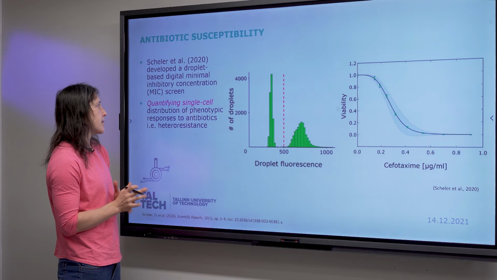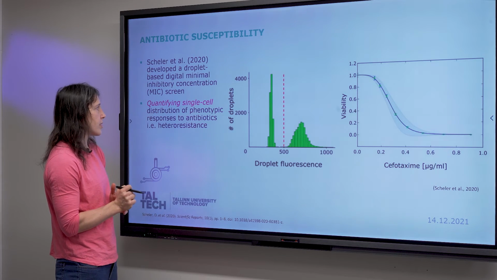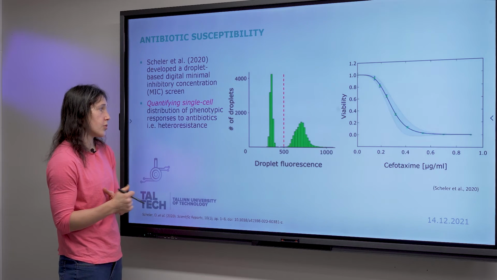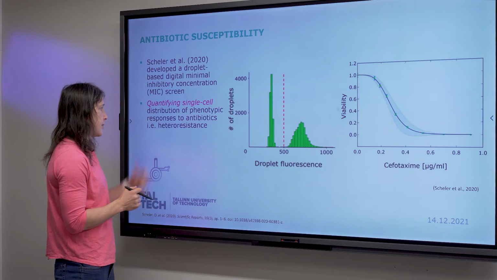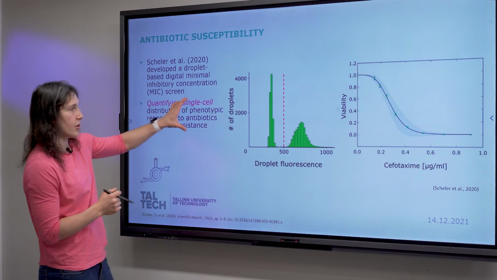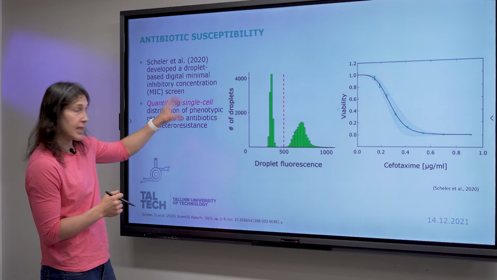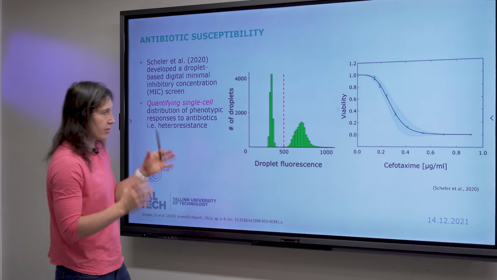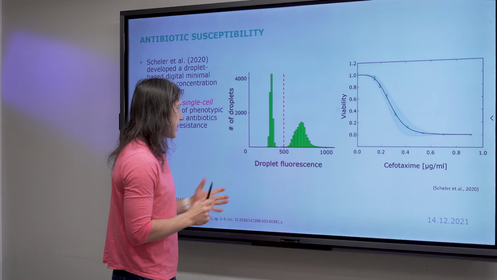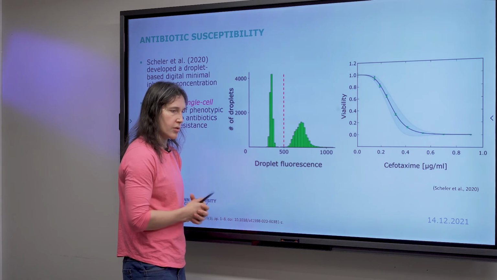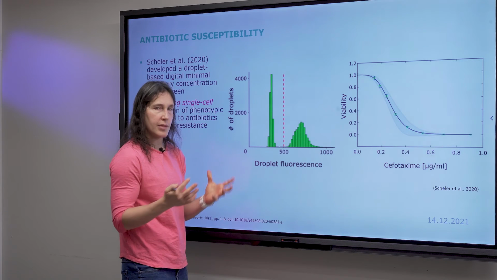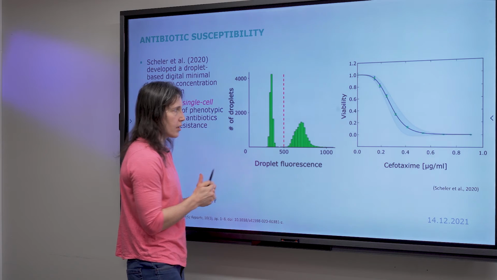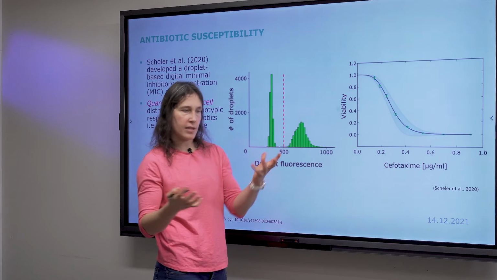Basically, it is a way to quantify the single cell distribution of phenotypic response to antibiotics. It means looking at the bacteria at the single cell level and how they react to antibiotic and how it can vary. In this system, it also reminds us of the binary system of having just 1 or 0, meaning positive or negative droplet.